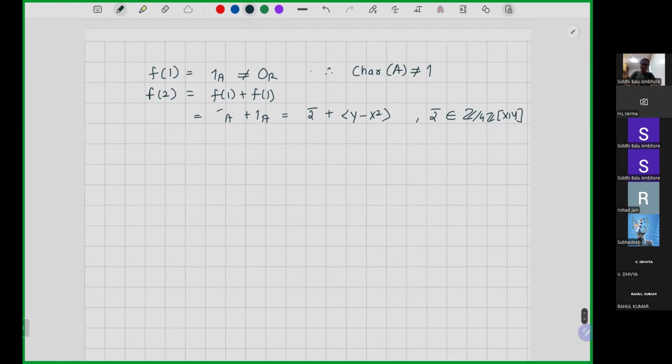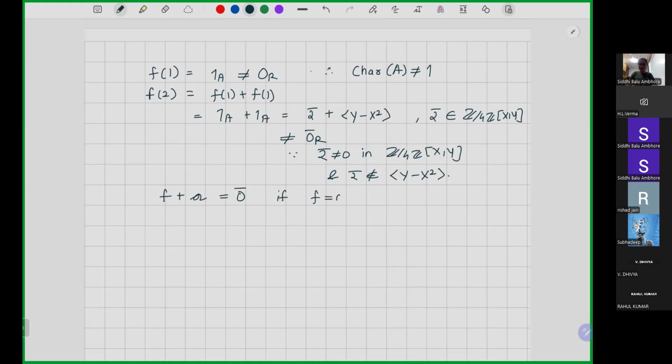And this is again non-zero, since 2 bar is non-zero in Z mod 4Z, x comma y, and this 2 bar also doesn't belong to the ideal generated by y minus x square. In a quotient ring, an element f plus some ideal A is 0 bar if f is itself 0 or f belongs to this ideal A. I hope this makes sense.